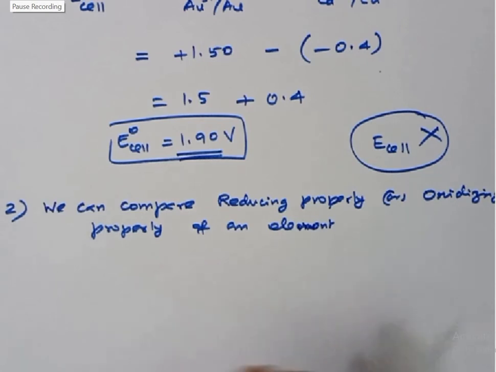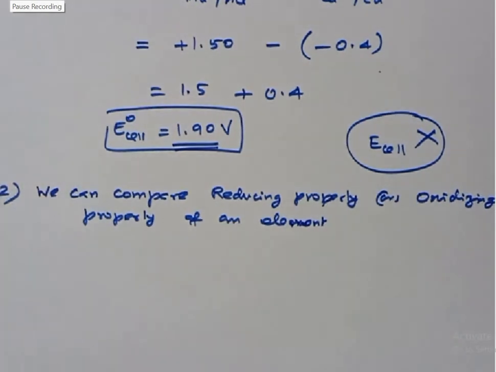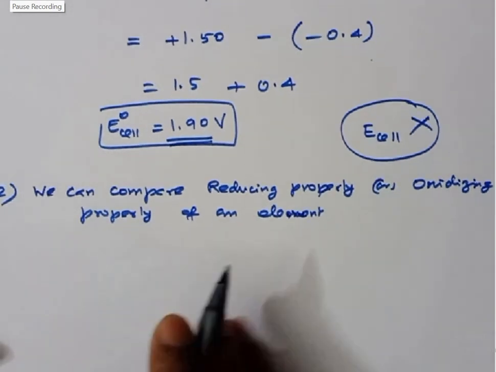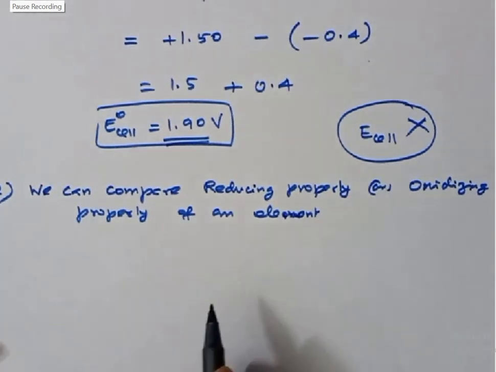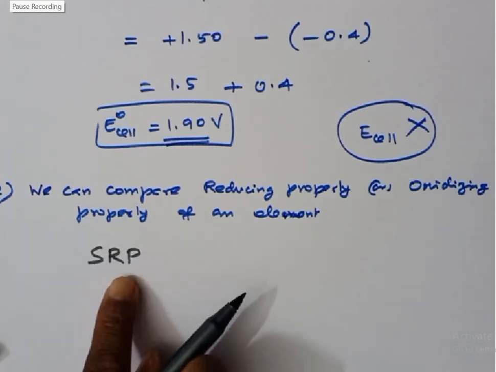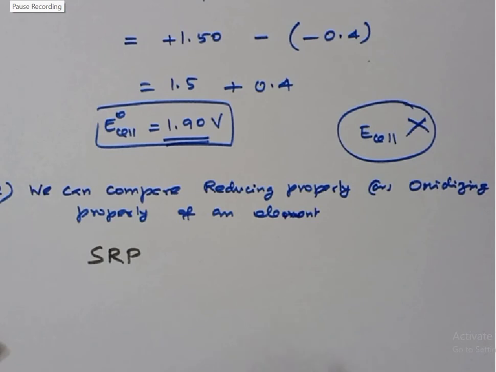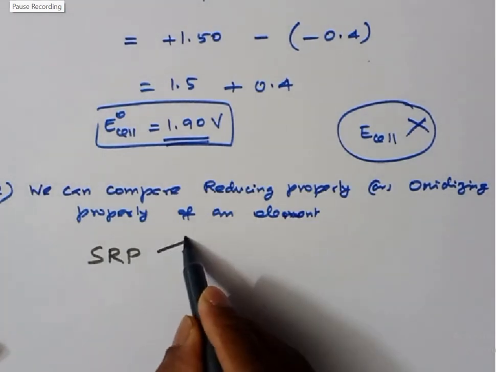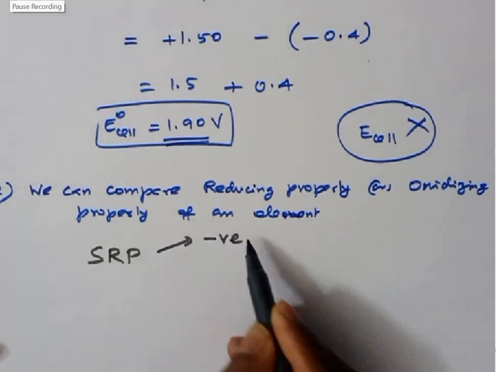Students, this is very, very important. Keep this in mind. Suppose I give the standard reduction potential, SRP, for some element. SRP means standard reduction potential. If standard reduction potential is negative, students observe carefully.